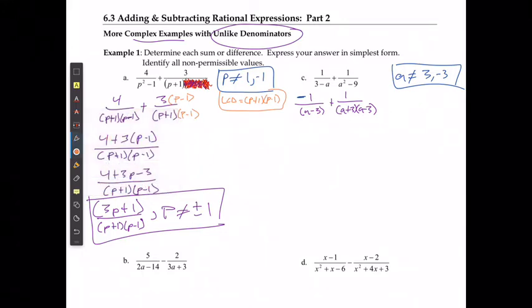And I'm going to state that the lowest common denominator is going to equal (a plus 3)(a minus 3), which means that this one is going to have to be multiplied by a plus 3 on the top and the bottom.